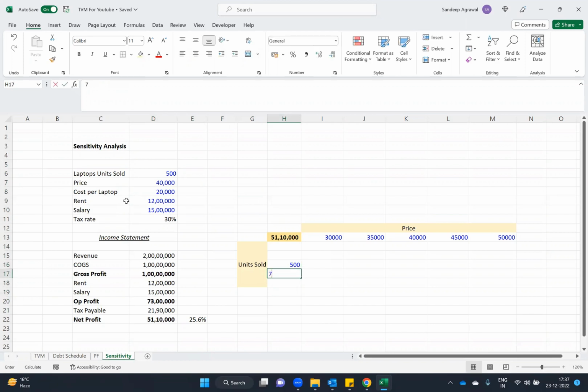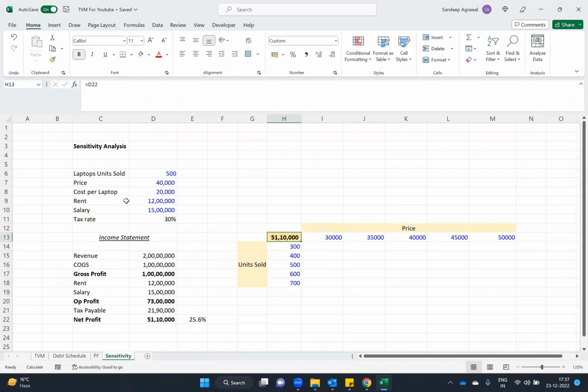What if we are able to sell 750 units or 1,000 units? And if the units sold decreases to, say, 250, or we can say 400 or 300. I'll put this as 600 and 700.